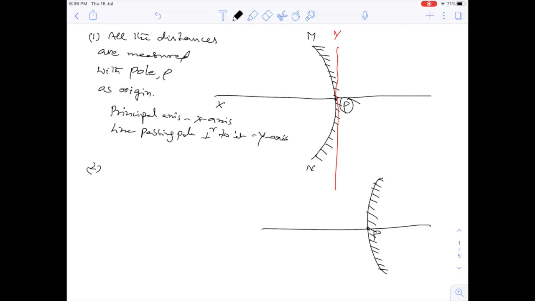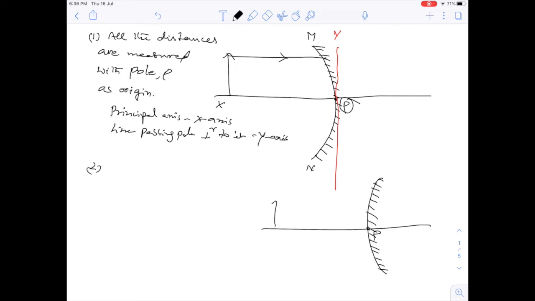So the object is placed to the left of the pole or origin, and therefore light from the object falls on the mirror from the left side.